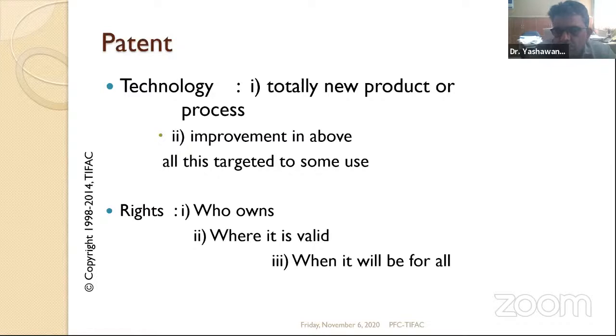And all these improvements lead to some benefits, and those benefits accrue because of a technical advancement in the existing product and process, not mere look, feel, etc.